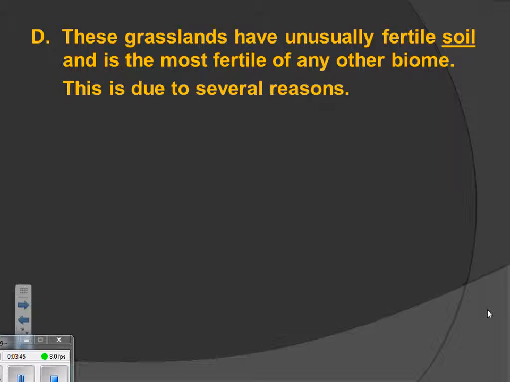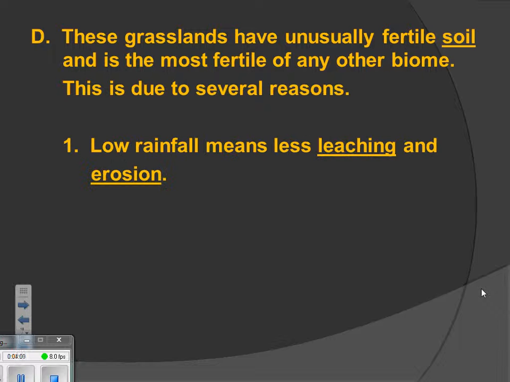D, these grasslands have unusually fertile soil and is the most fertile of any other biome, and this is due to several reasons. This is the soil that everybody that does agriculture wants to have. Number 1, low rainfall means less leaching and erosion.